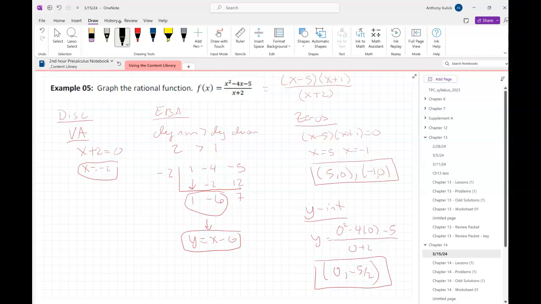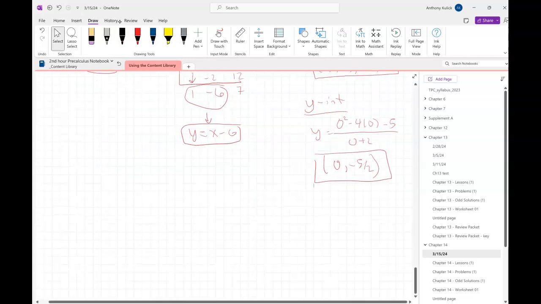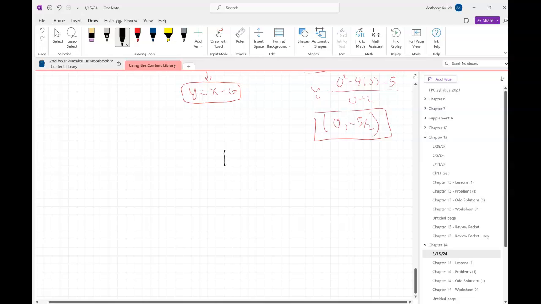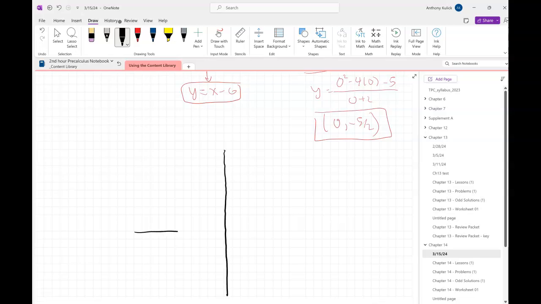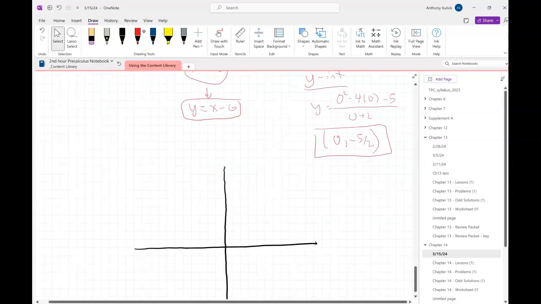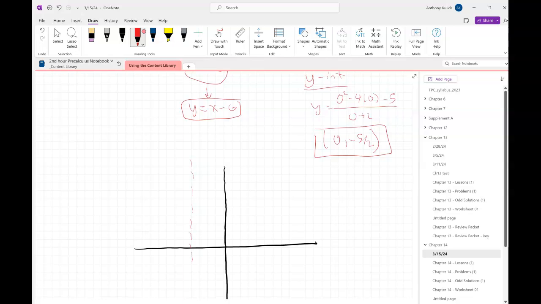Okay. So let's start drawing our graph. Again, we like to start by drawing our asymptotes. So I have x equals -2. How do I graph y equals x minus 6?